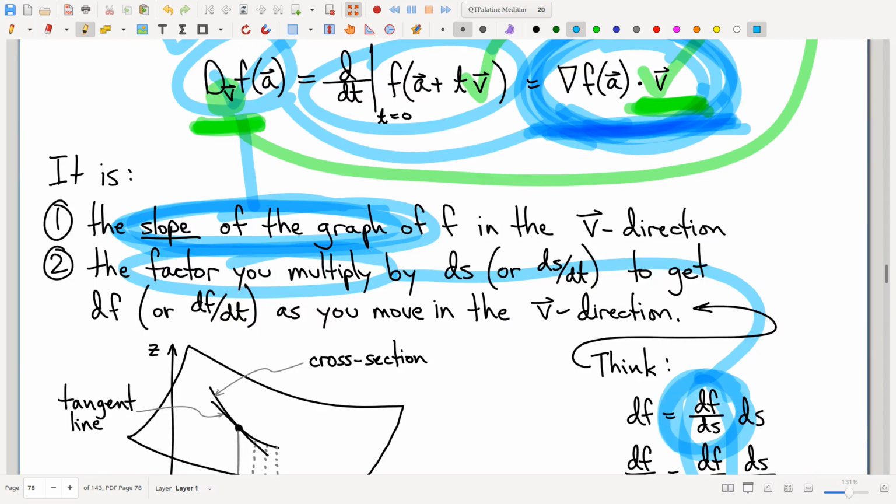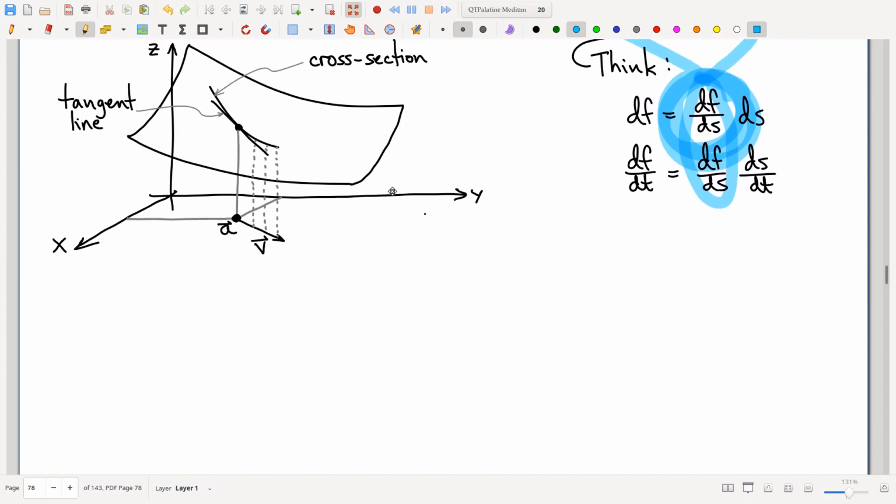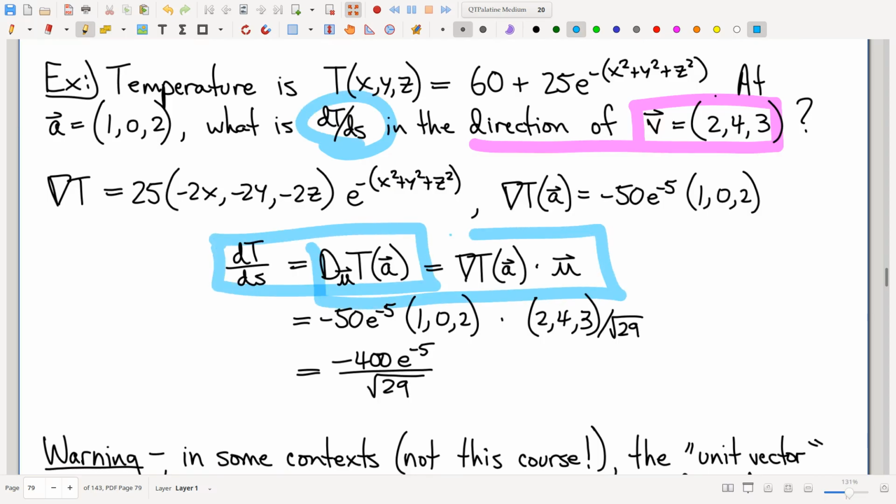And again, reminder, DTDS is directional derivative, which again is computed by dot product with the gradient. So just another immediate application of directional derivative. And now again, you do have to compute that gradient, and it's a little tedium to do.